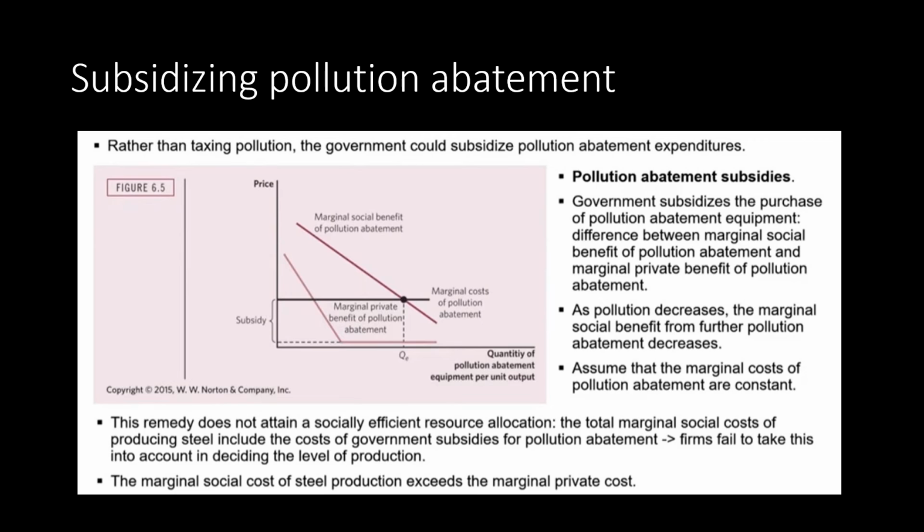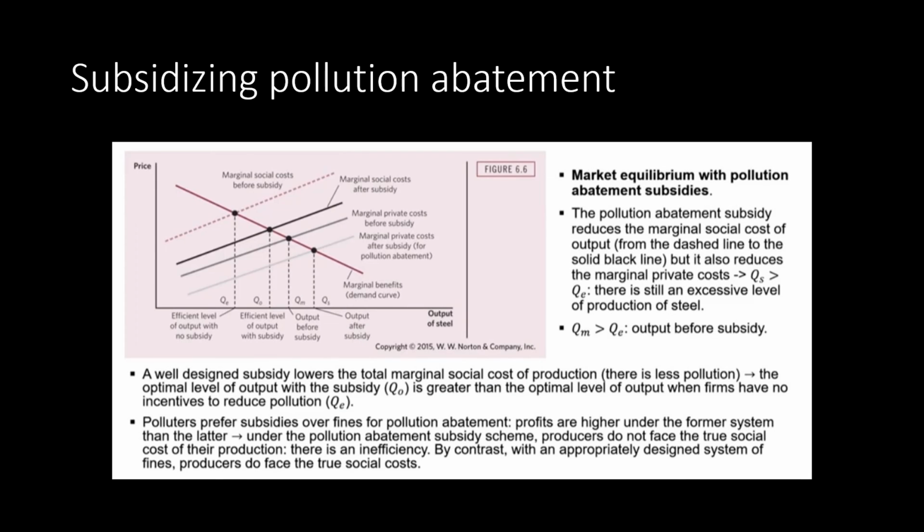The marginal social cost of steel production exceeds the marginal private cost. So the next graph is talking about the market equilibrium with pollution abatement subsidies. You see, the pollution abatement subsidy reduces the marginal social cost of output, which is from the dashed line to the solid black line.